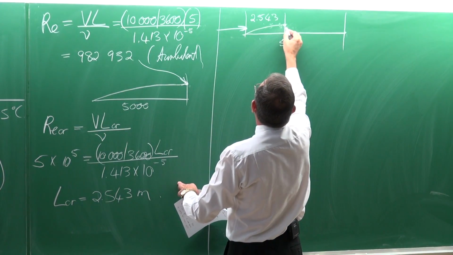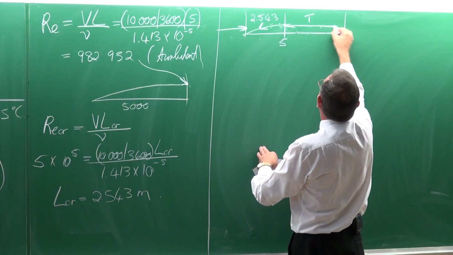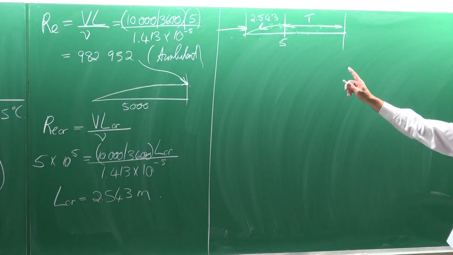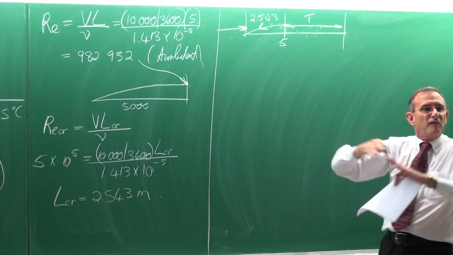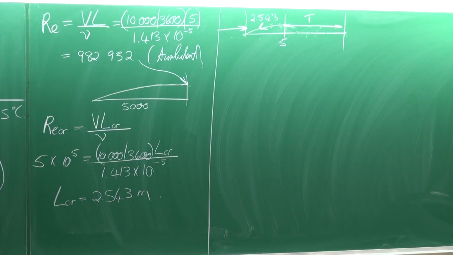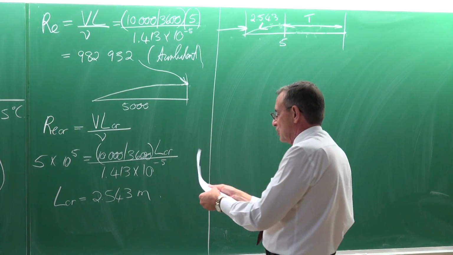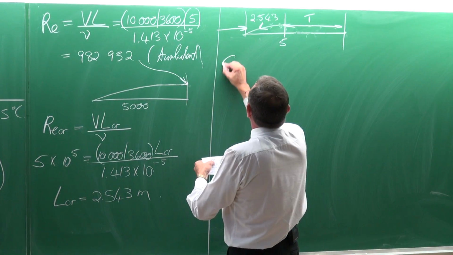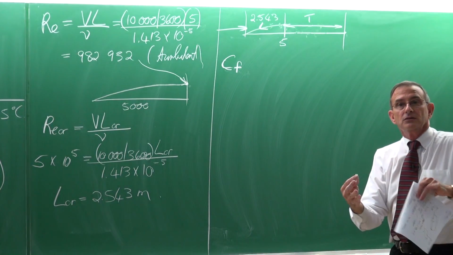So that length there is laminar flow, and that length is turbulent flow. So this is an obvious case where we cannot make an assumption of turbulent flow right through, because it's about 50-50. Therefore, this is now scenario 3, where we look at the equation that takes into consideration the laminar part.